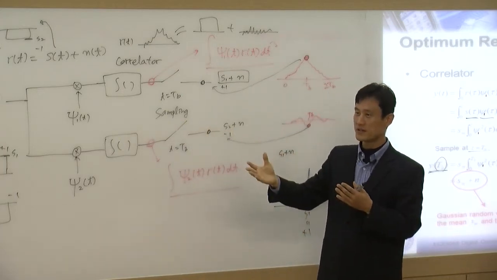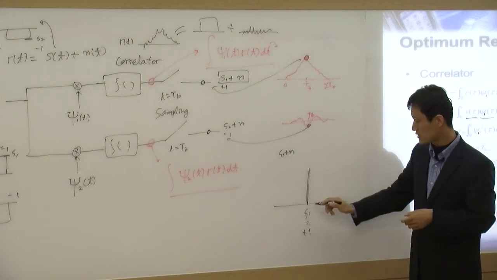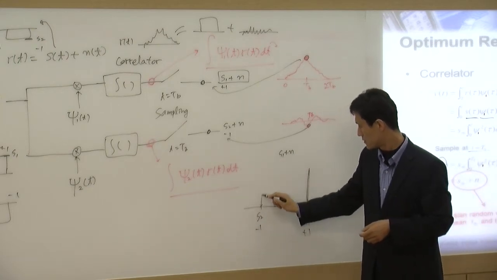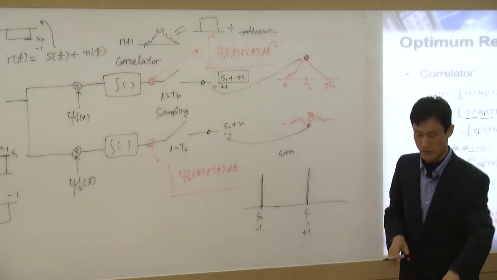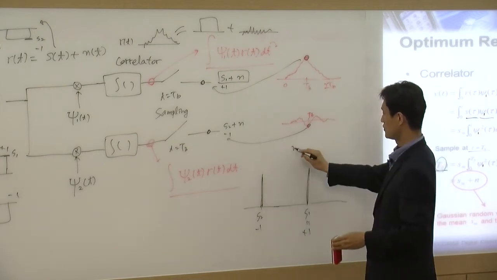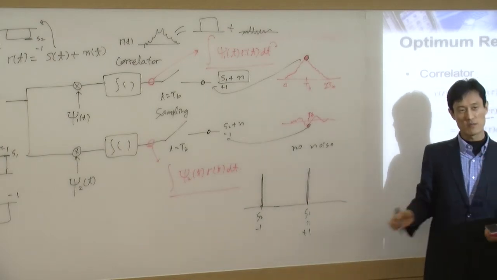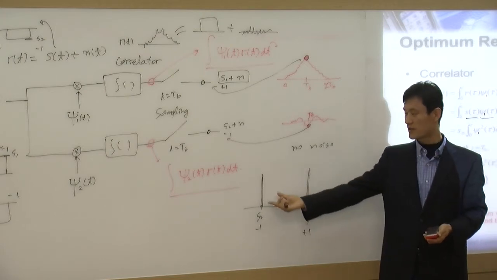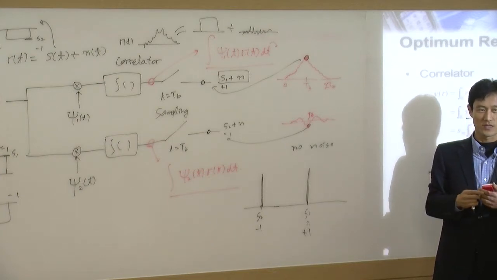All of those million are going to be S1 or S2. If there's no noise, this is what you're going to get. Maybe 500,000 here, 500,000 here. So a total of a million.